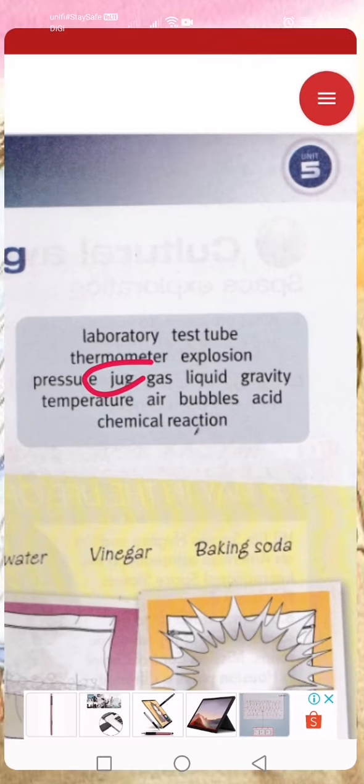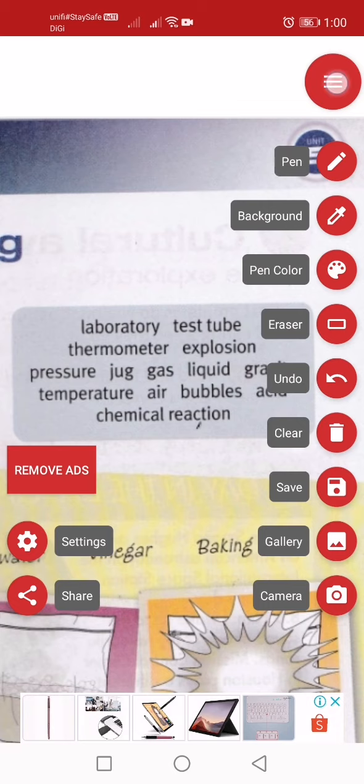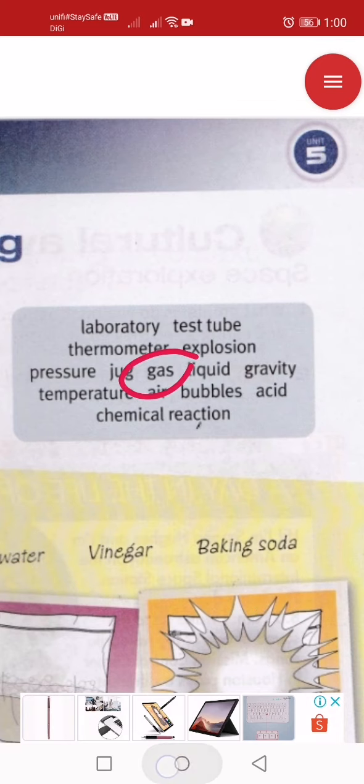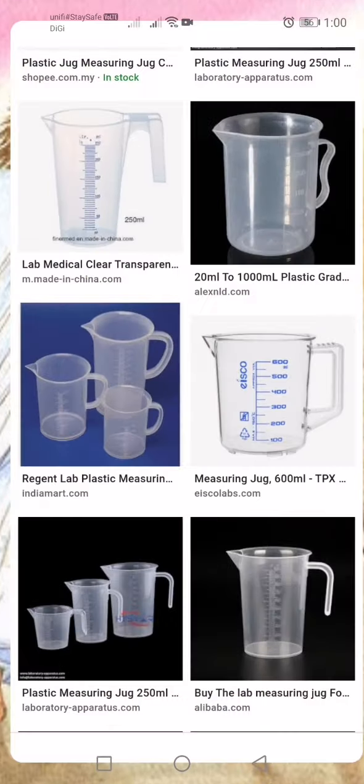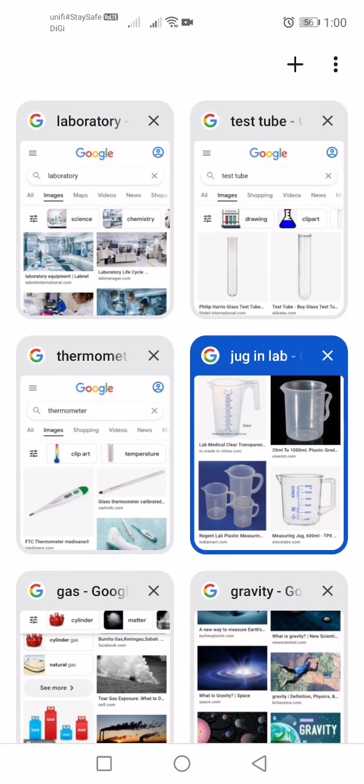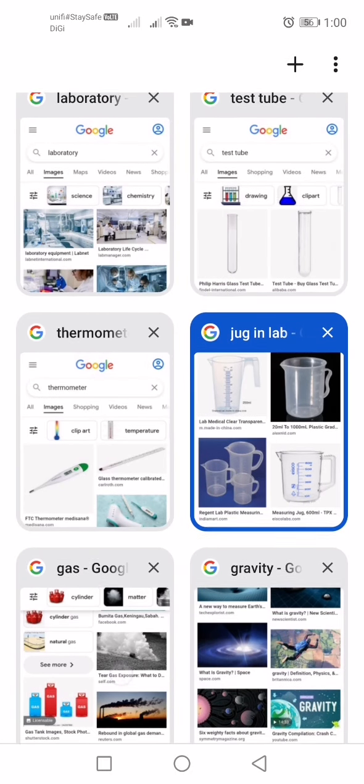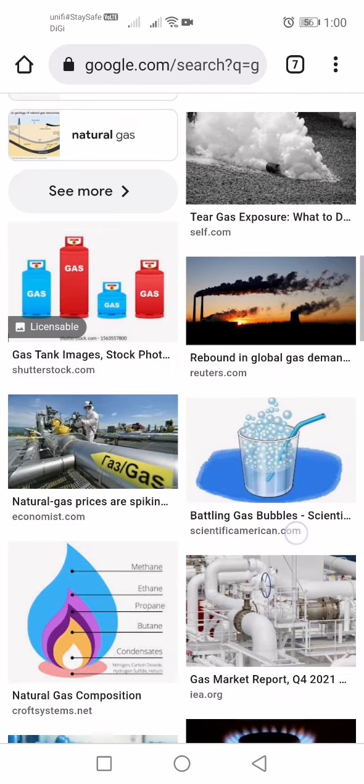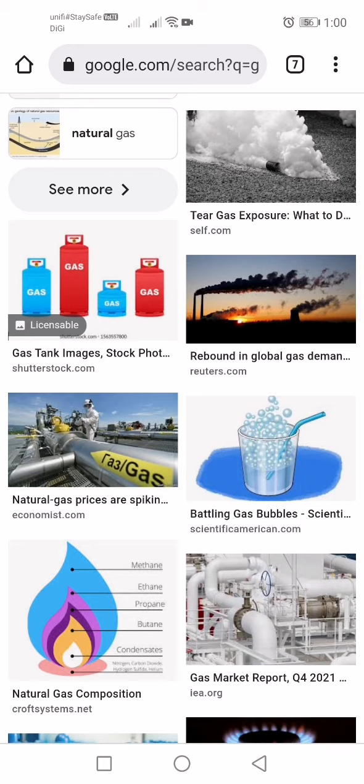Next, gas ialah gas lah. For example, right now you're breathing on oxygen kan. Sekarang kita perlukan oxygen. That's the meaning of gas, okay? Jenis-jenis gas. There are many kinds of gas that we see on Earth. One of the most normal is oxygen that we breathe, and then carbon dioxide when we breathe out.